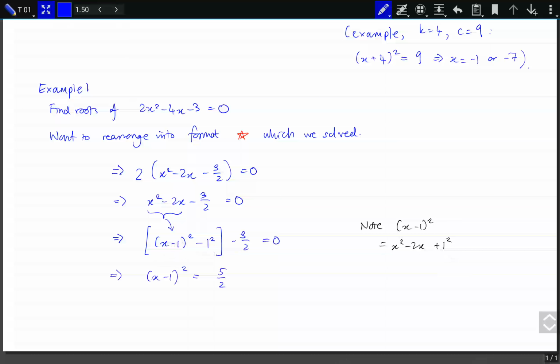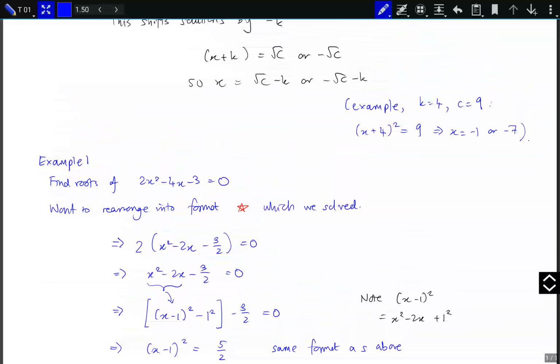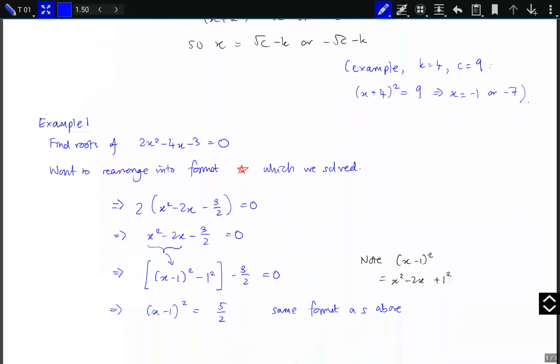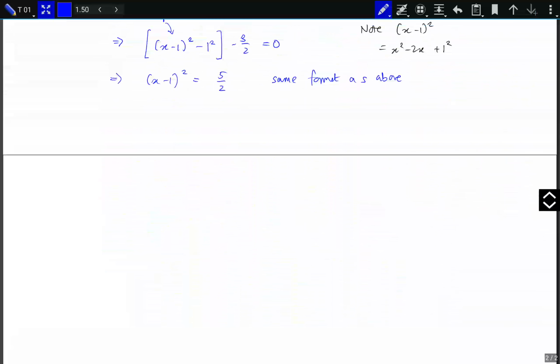And so this is exactly the same format as above, in star, this time with k equal to minus 1 and c equal to 5 over 2. And so the final solutions, and we can just leave them precise, x is equal to 1 plus root 5 over 2, or 1 minus root 5 over 2.